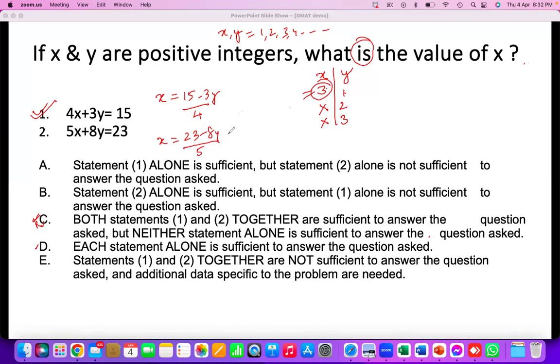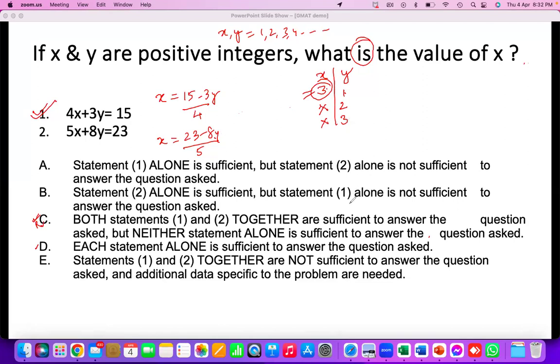If I put y equal to 2, it becomes 16. 23 minus 16 is how much, Ronak? 7. 7 by 5, a fraction. Invalid. Now, if I put y equal to 3, this becomes 24, so 23 minus 24 is minus 1. Invalid.